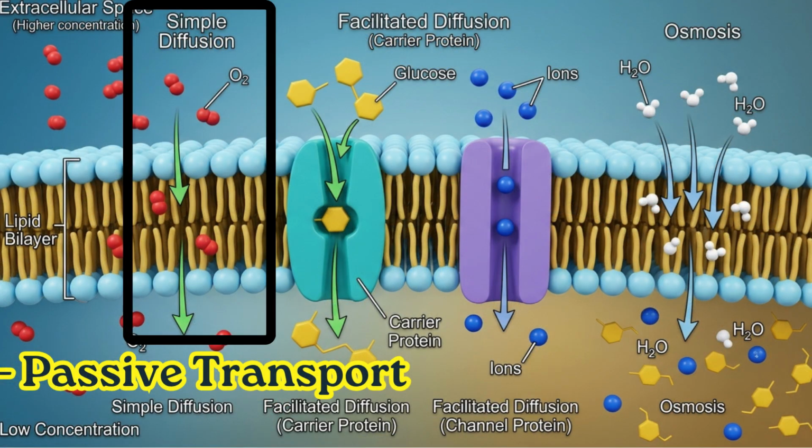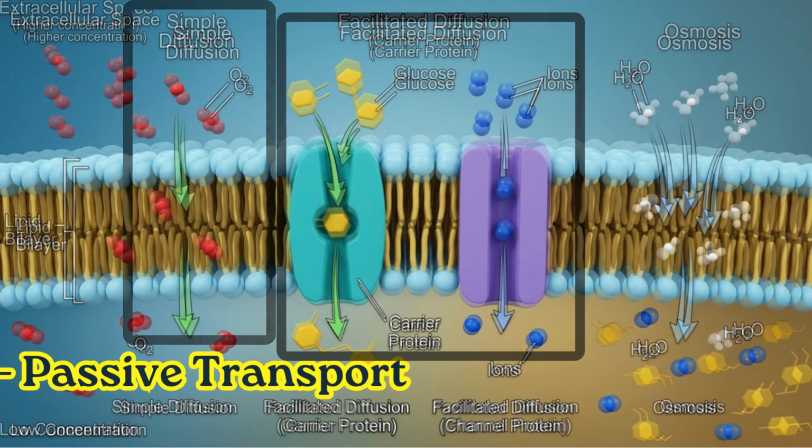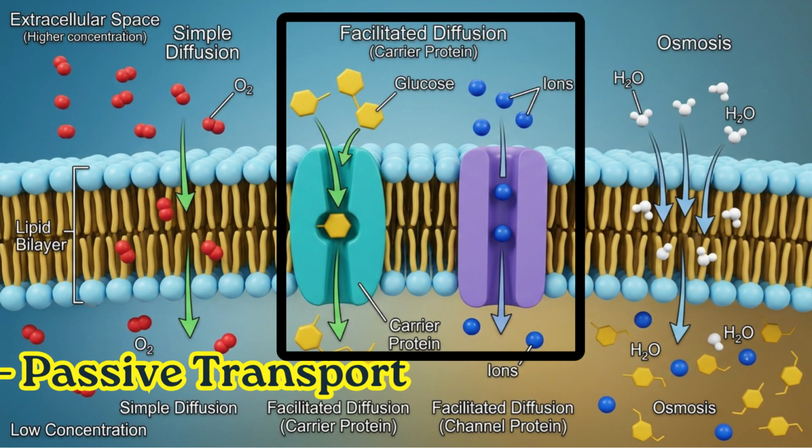The selective permeability is due to active transport and passive transport. First, we will see passive transport. Here, no energy is required. It takes place by simple diffusion, that is the movement of molecules from higher to lower concentration. Facilitated diffusion uses transport proteins.